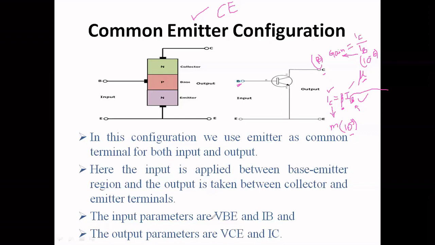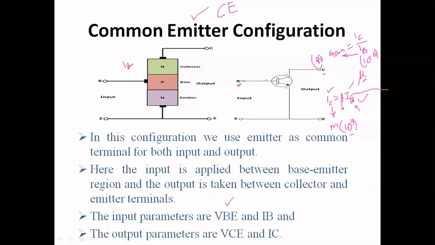And the input parameters: as we are giving the input across base and emitter, it is called VBE. Here you can see it is VBE. The input current I'm giving across the base only, so the current will be IB.